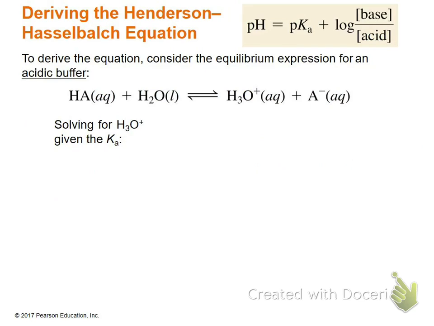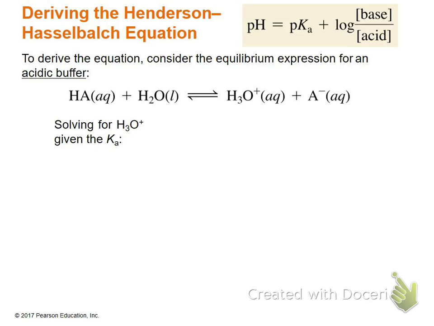So how do we derive the Henderson-Hasselbalch equation? Okay, so again, here's the equation: pH equals pKa plus the log of the ratio between base and the acid. All right, so let's consider this general equation for a weak acid, in which you have HA being ionized in water, and that generates hydronium ion and the conjugate base.